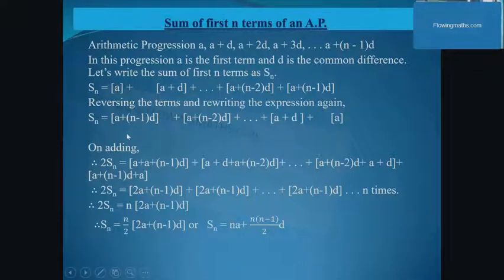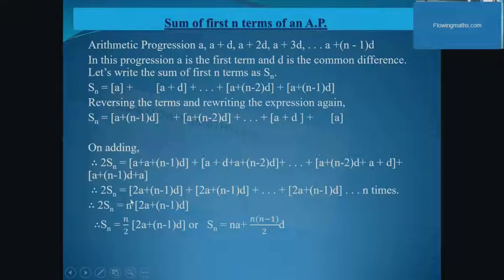When you do that and add these in order, we have 2Sn. When you add this and this, the value becomes 2a plus (n minus 1)d. When you add this term and this term, the value again becomes 2a plus (n minus 1)d. At the end, if you add this, it again becomes 2a plus (n minus 1)d.